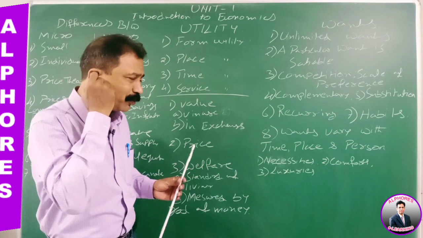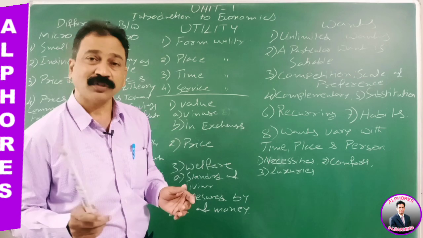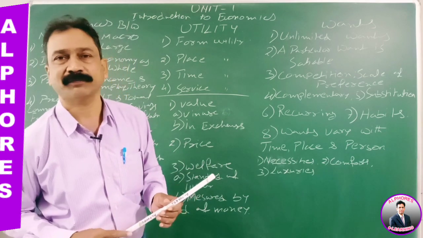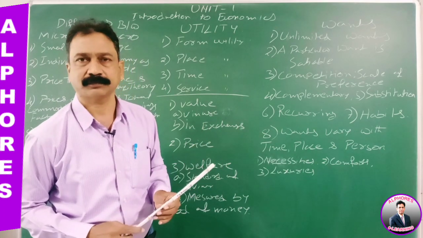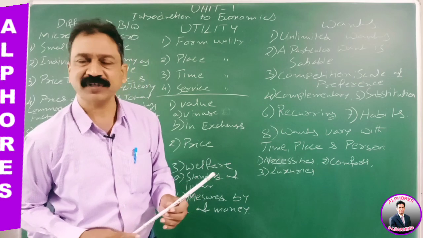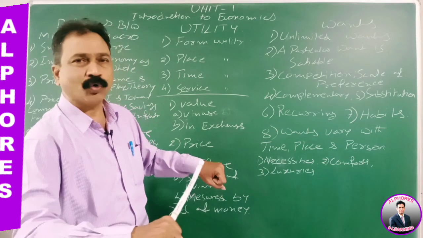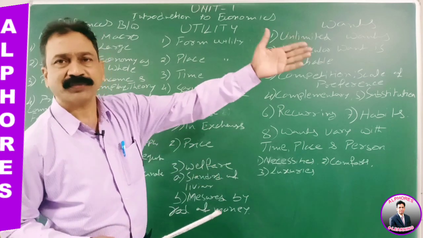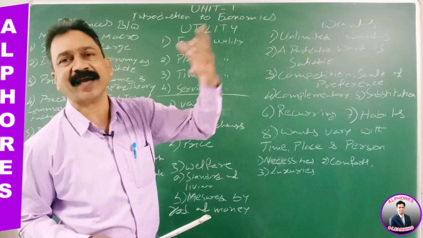You need to move the commodities from one place to another place. Then only sometimes it gets the utility. Like see, vegetables are grown in the farm. It does not mean you have to go and purchase those commodities there. Is it possible for your father, your mother, daily morning going on a bike or a car to the agricultural farm and purchasing them and carrying them up to home?